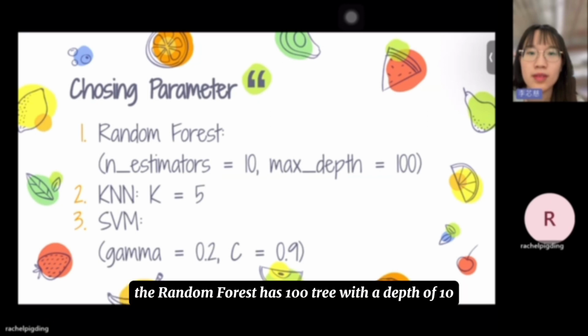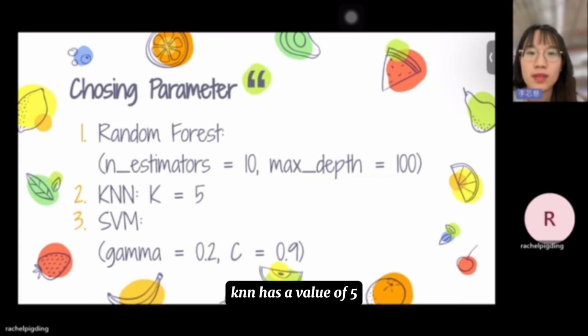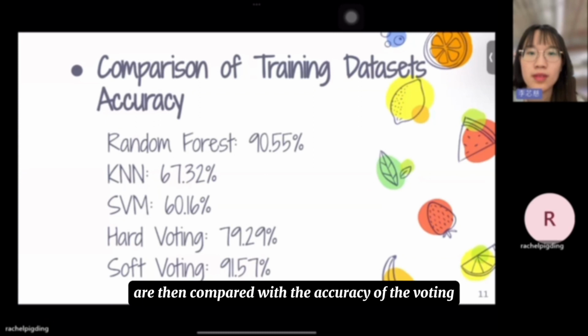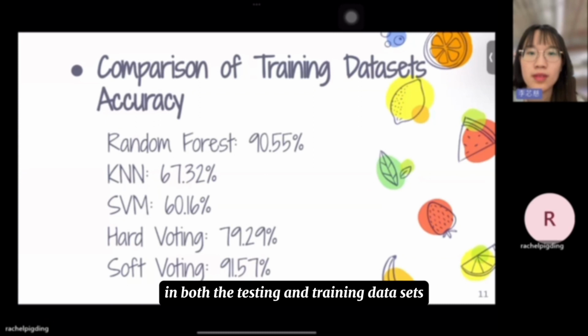The random forest has 100 trees with a depth of 10. KNN has a k value of 5, and SVM has parameter C 0.2 and gamma 0.9.